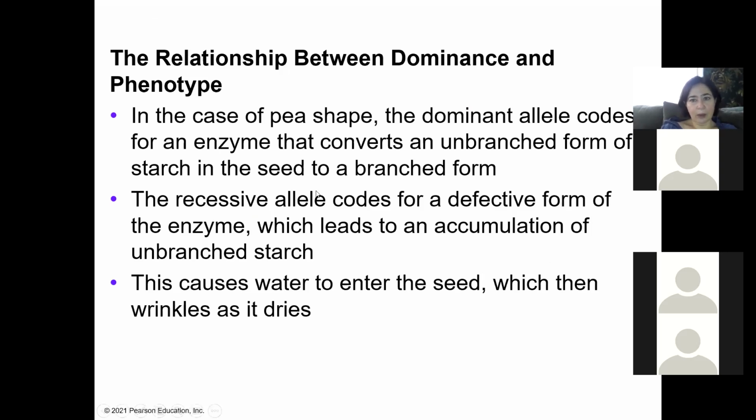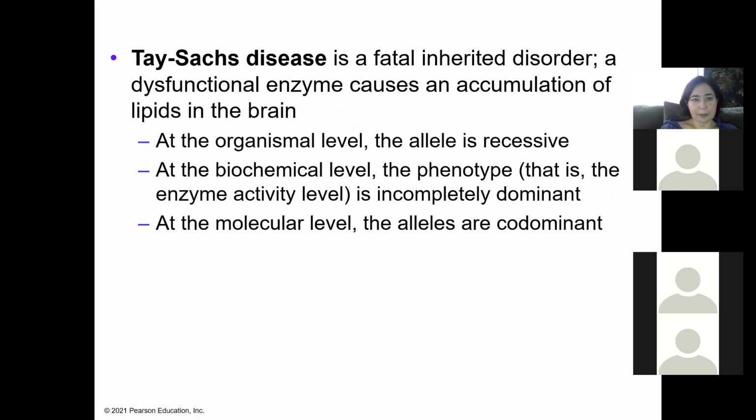We just talked about color, which is pretty much contributed by certain enzymes, right? So the dominant allele codes for an enzyme that gives one form, and the recessive allele codes for an enzyme which leads to a different accumulation or distribution, right? For example, brown seed versus wrinkled seed. And Tay-Sachs is actually a recessively inherited disease, right?